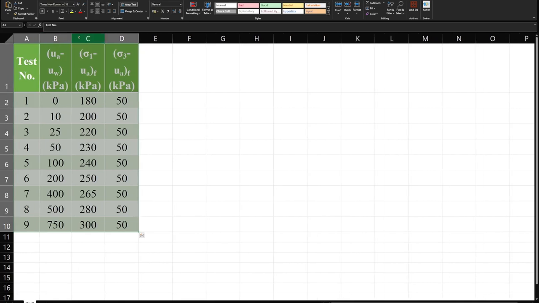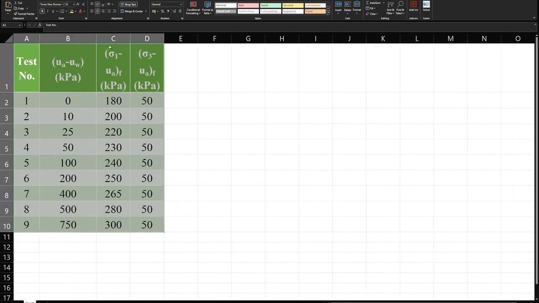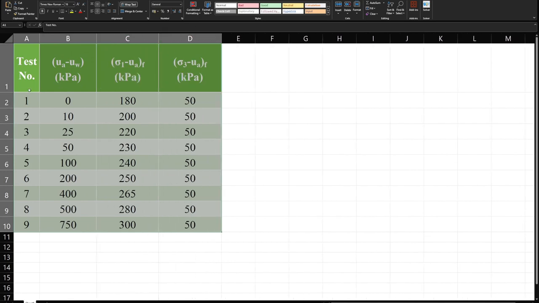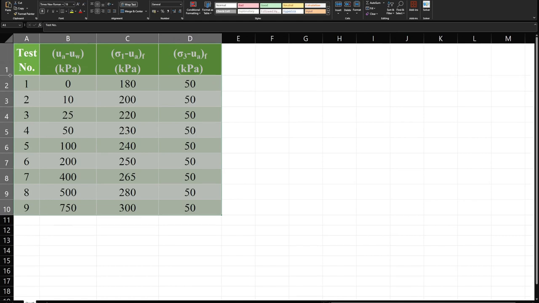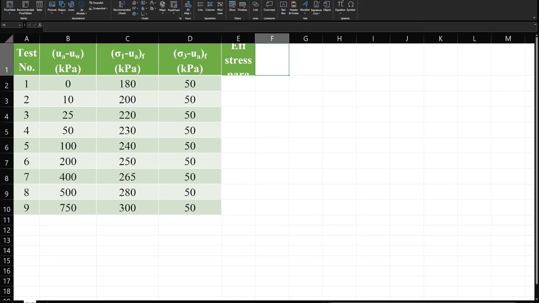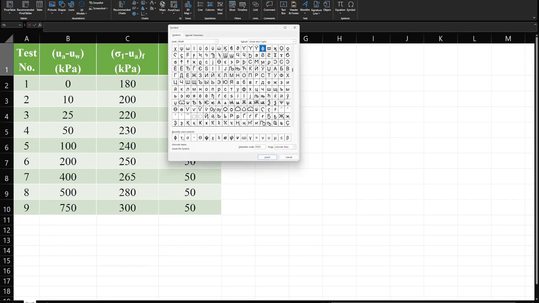Here I have to plot the values of the effective stress parameter. Then we can determine the values of phi b, right? So let's insert the symbol phi.